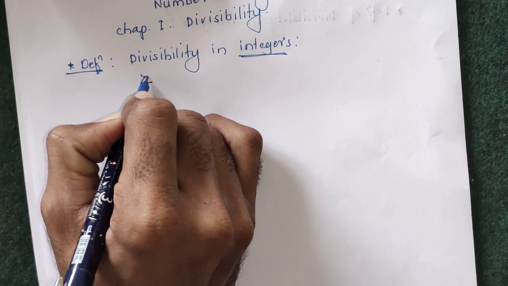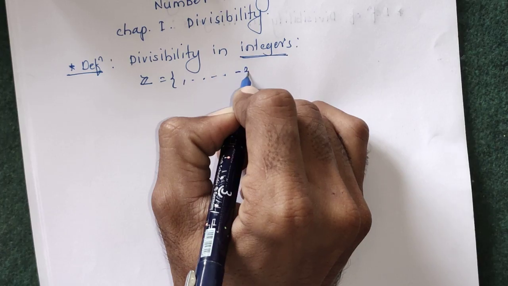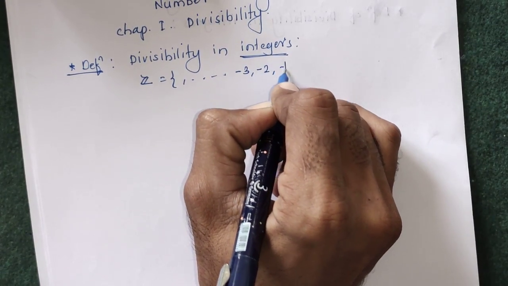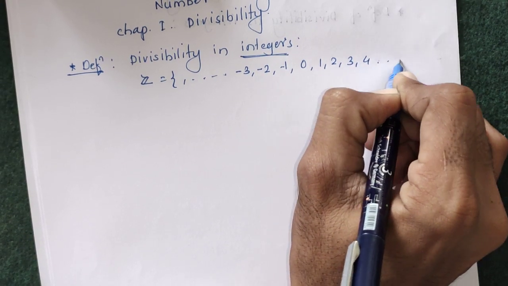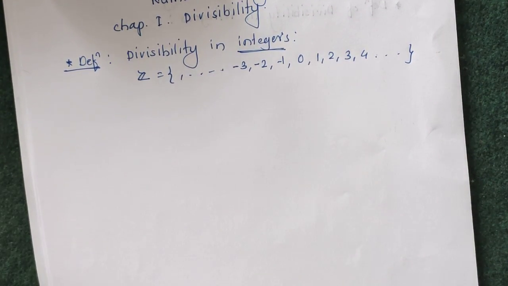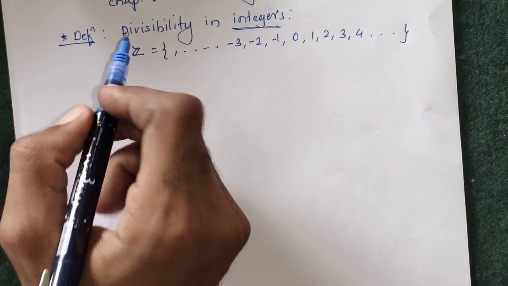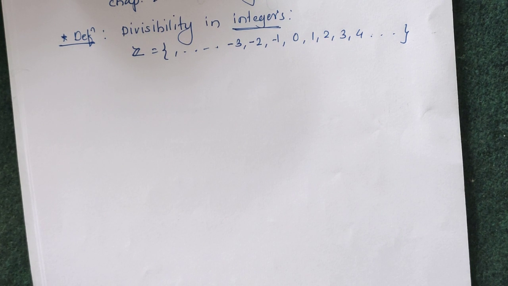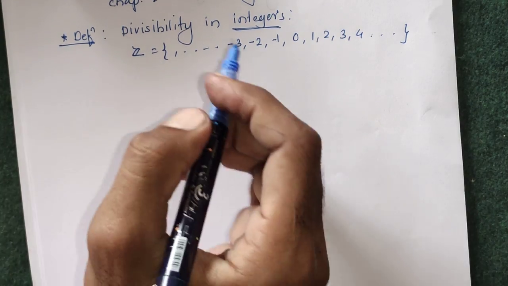The notation of the set of integers is Z, and the set is, we all know, -3, -2, -1, 0, 1, 2, 3, 4, and so on. This is the set of integers. In this whole paper, we are going to deal with the integers, divisibility, some theorems, and all the examples which we are going to see are in integers.